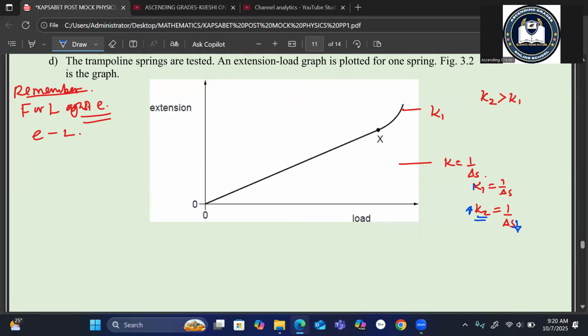Suppose we pick one part like this. Like that.